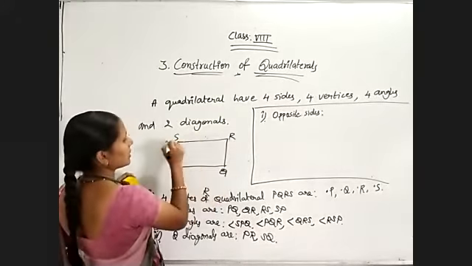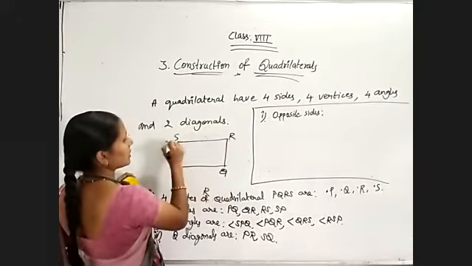Now I am writing opposite sides of this one. So first pair, for PQ, what is the opposite side? The opposite one is SR. For me, the direction is opposite. So for this PQ, the opposite one is RS. The first pair of opposite sides is PQ opposite to RS or SR.